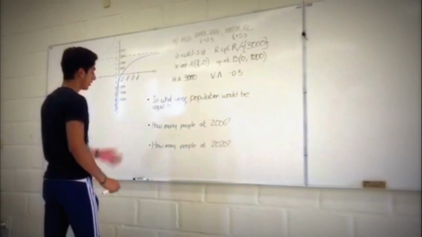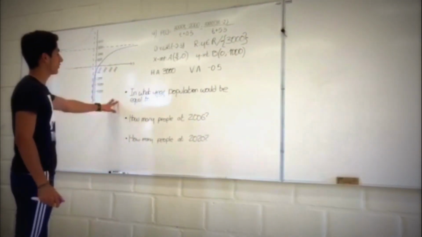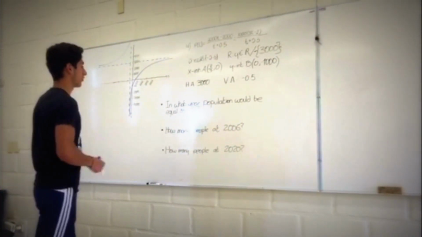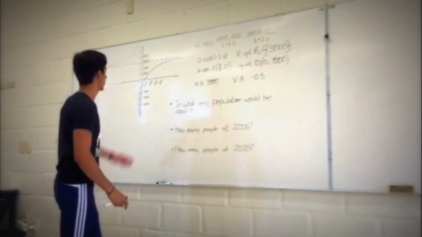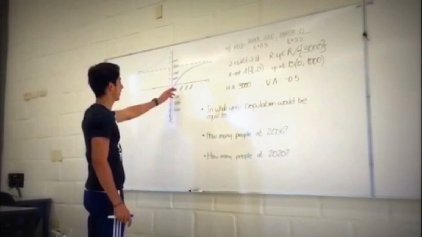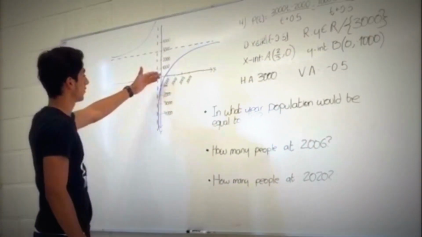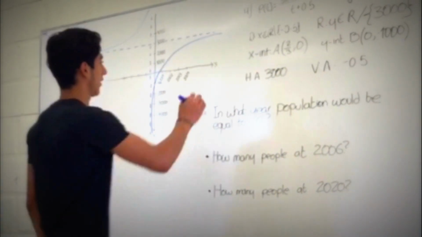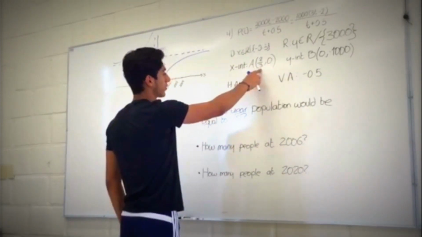Okay, so we got three questions here. The first one says, in what year will the population be equal to 0? To solve this, we see when in the graph the population is 0, which is at this point. We got that the x-intercept is 2/3.